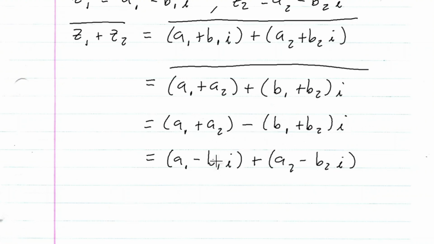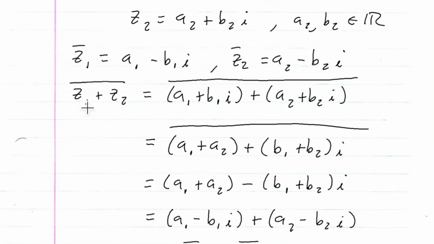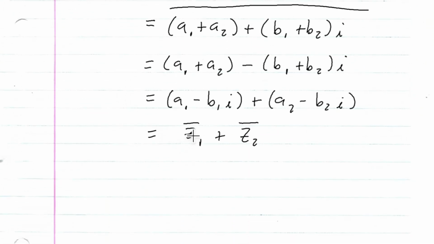Negative b1 and then i. And of course, this is our z1 conjugate, and this is our z2 conjugate. So we've proven that the conjugate of z1 plus z2 is in fact equal to the conjugate of z1 plus the conjugate of z2. Okay, so let's go ahead and move on to the difference one.